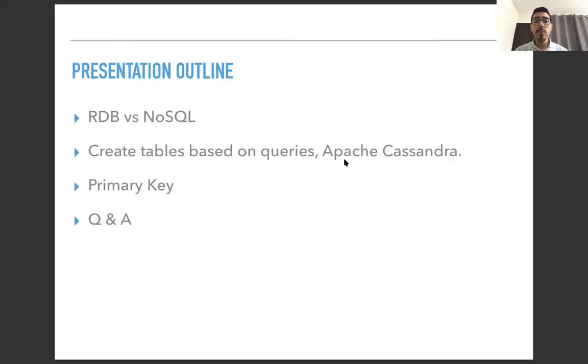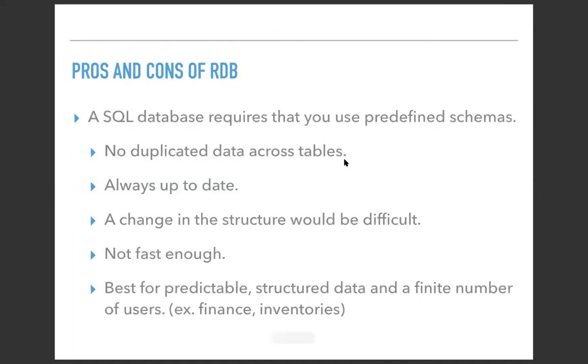So today, first of all, we're going to start with relational databases versus NoSQL, when it's best to use one or the other. Then we'll focus on creating tables based on queries with Apache Cassandra. Then we'll discuss how to define your primary keys, and then we'll have some time for questions and answers. All right, let's get started then.